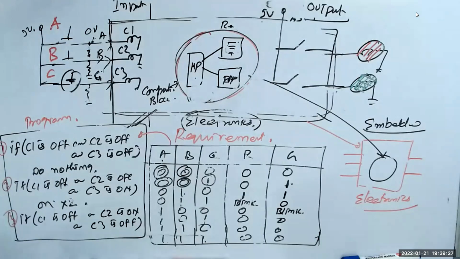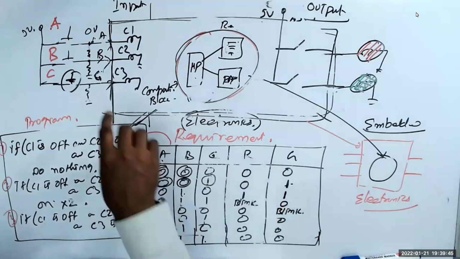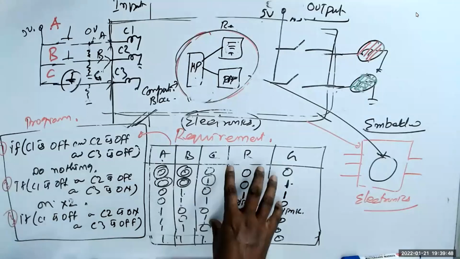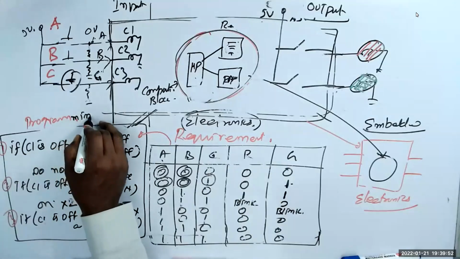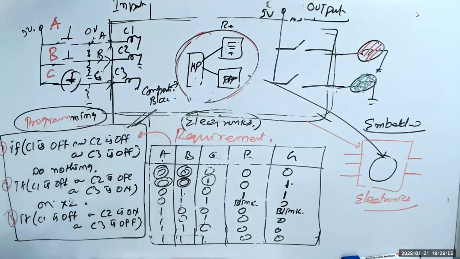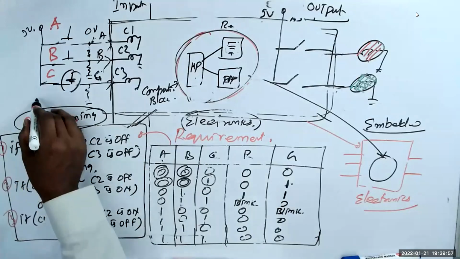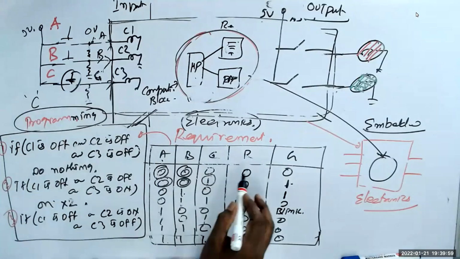So effectively what I'm trying to say is that to be an embedded engineer, if you say that I don't know circuits, I don't know analog, I don't know anything about electronics, you're welcome. You could be a wonderful person. But you should know what the input and output are. How do I write it in English? That is what we call programming. That's why I always say, master C programming if you want to get into embedded.